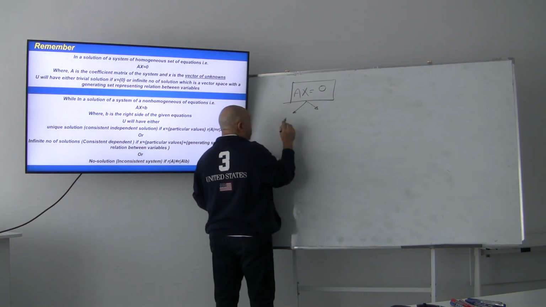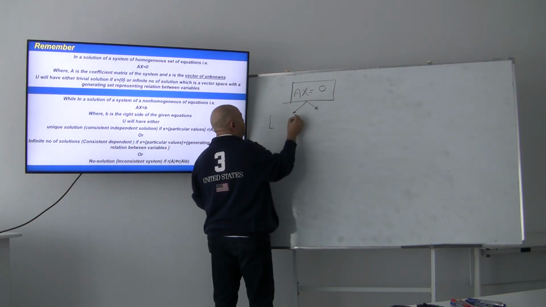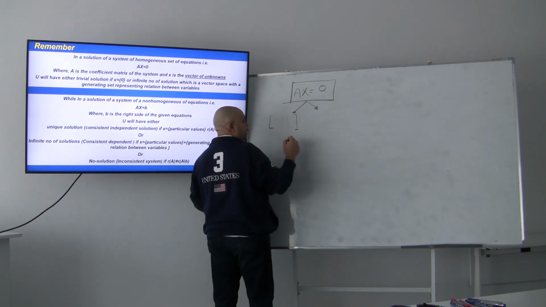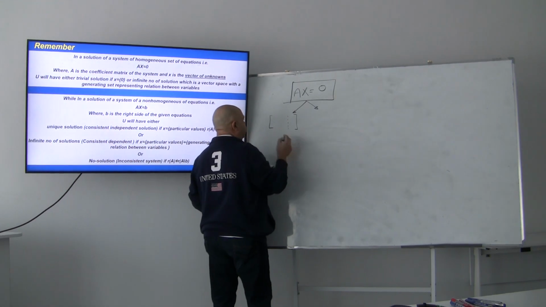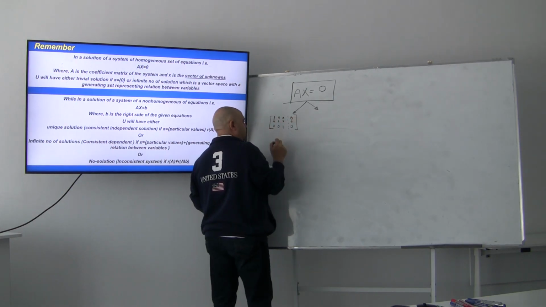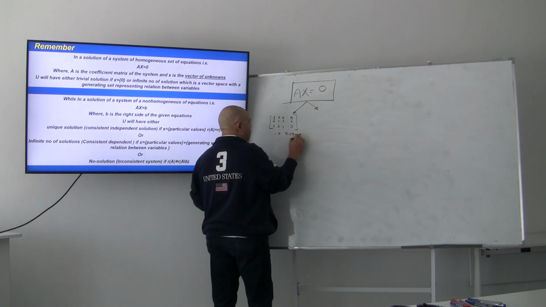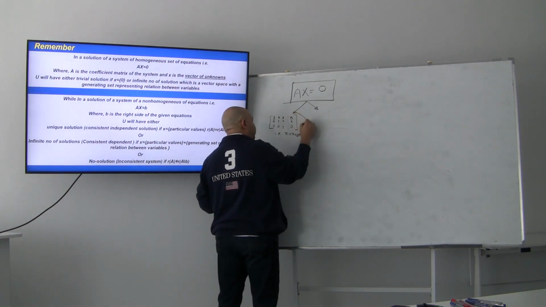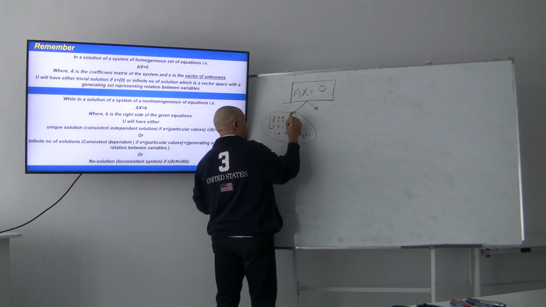Either succeeding in getting an augmented matrix, if I talk about 3 by 3 just for simplicity, to be 1, 0, 0, 0, 1, 0, 0, 0, 1, and all the elements equal to zeros, and that's x1 equals x2 equals x3 all 0, and this is the trivial solution.